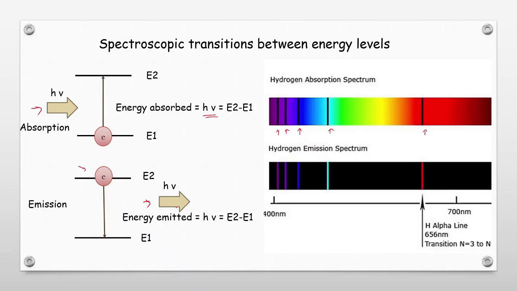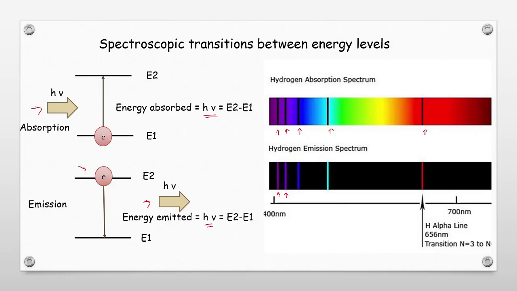And this emitted radiation, if it is passed through a prism and dispersed, we can see that there are certain lines corresponding to the emitted radiation, and the energy of the emitted radiation will be equal to the difference between the energy levels, E2 minus E1, which is equal to h nu. So this is an emission spectrum.